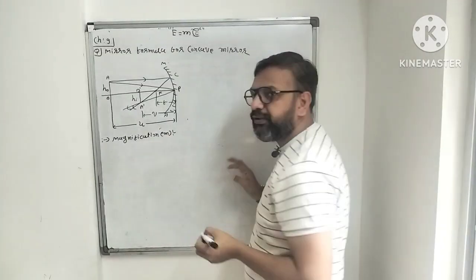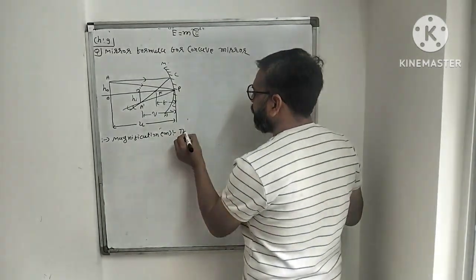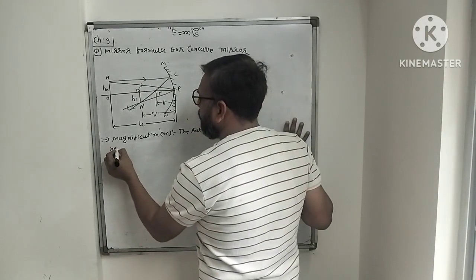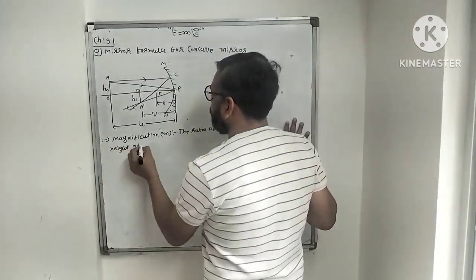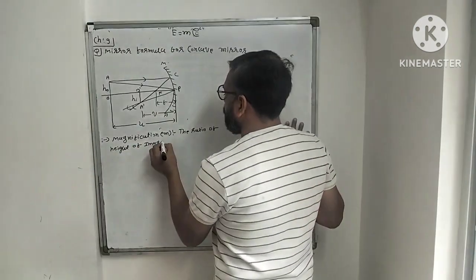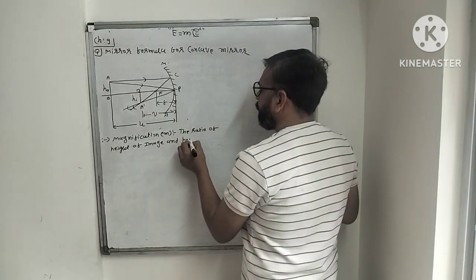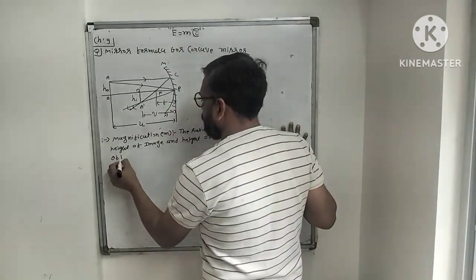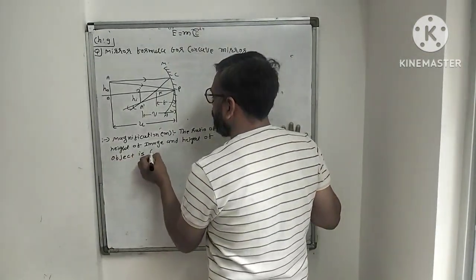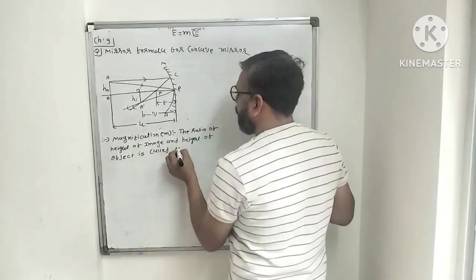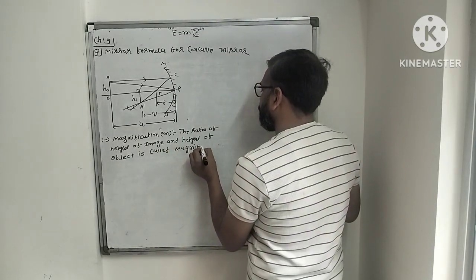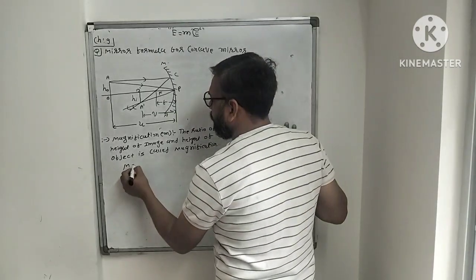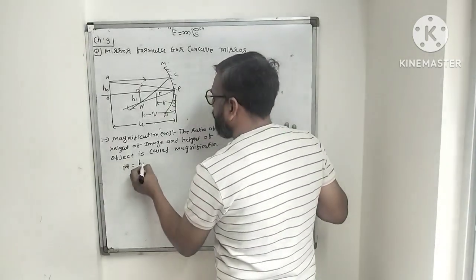The ratio of the height of the image and the height of the object is called magnification. So M equal to HI upon HO.